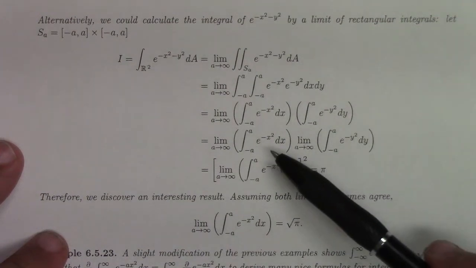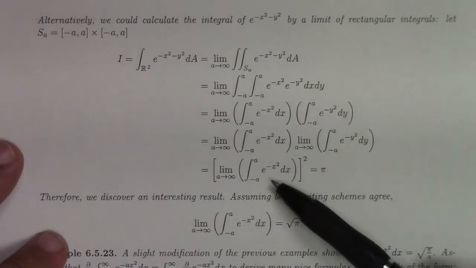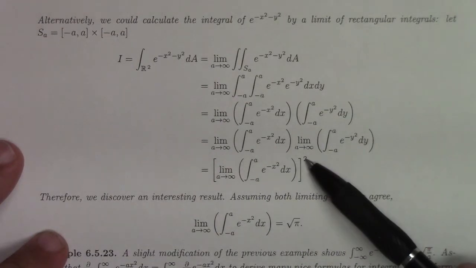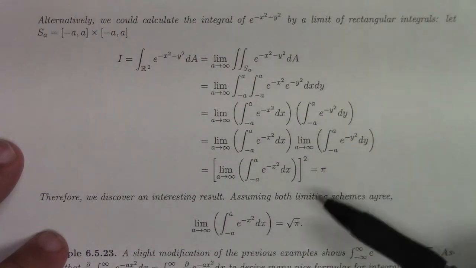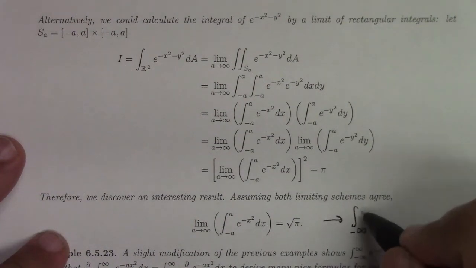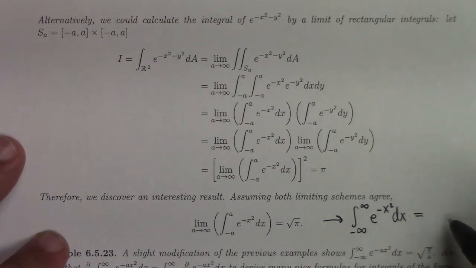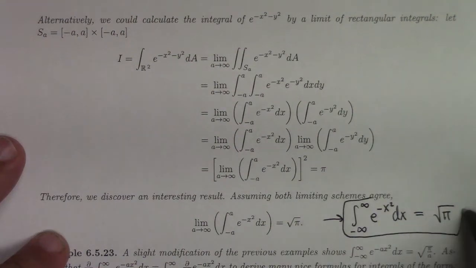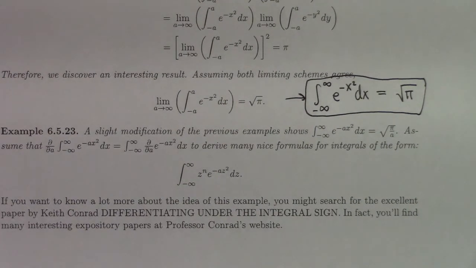So you might as well write the limit on both of them. Great, so you get this integral squared, and lo and behold, you've proved that the integral from minus infinity to infinity of e to the minus x squared dx is equal to the square root of pi. Assuming that the principal value actually is the integral. So that's kind of cool.